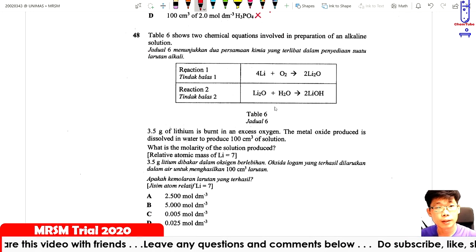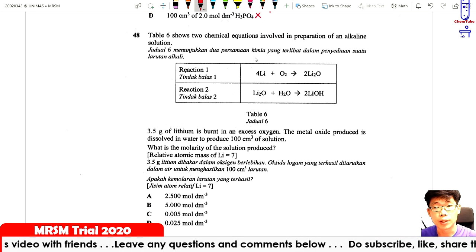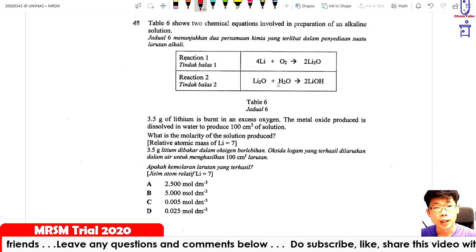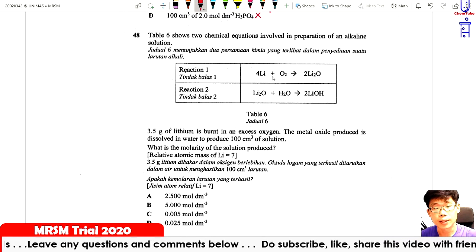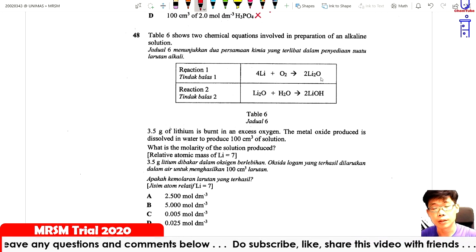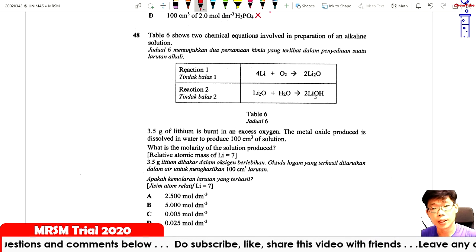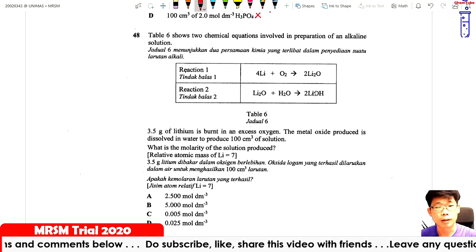Question 48. The table shows the chemical equations involved in the preparation of an alkaline solution. Lithium reacts with oxygen to produce lithium oxide. Then lithium oxide reacts with water to produce lithium hydroxide, which is the alkaline solution.